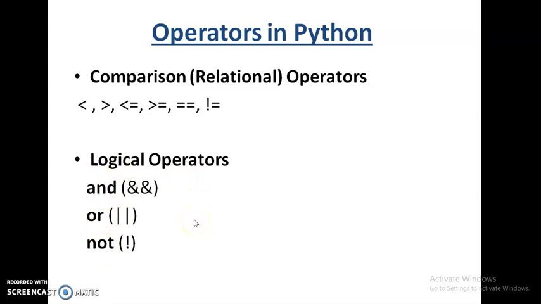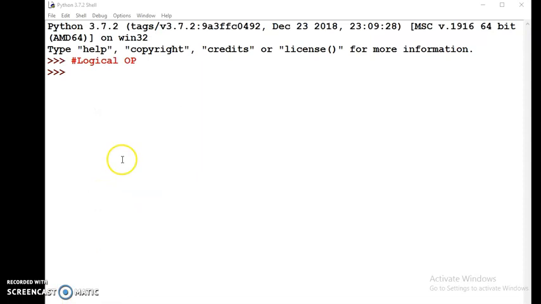But before proceeding further, one important point. Generally, we write and as double ampersand, then or like this and not like exclamatory mark. But in Python, we have to actually write all these three words to mention logical operators. Now let us see the working of this. Logical operators always work with Boolean values and return a Boolean value as a result.